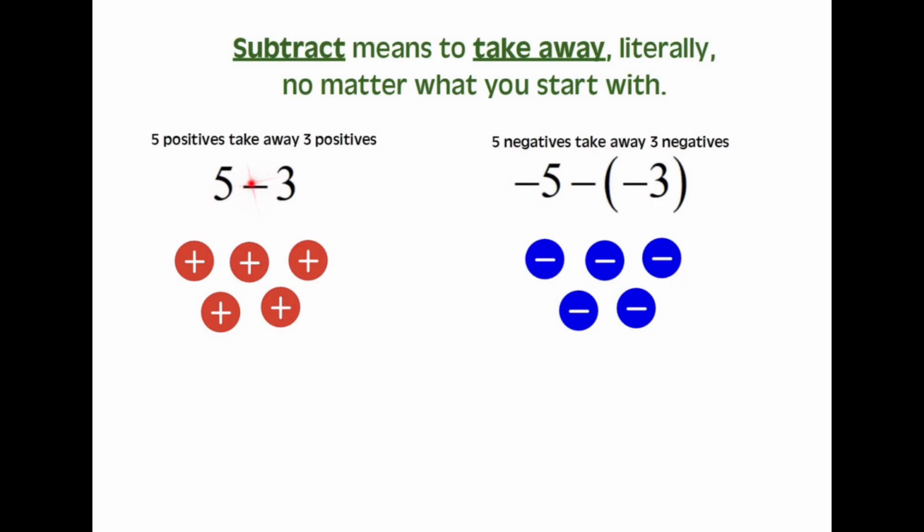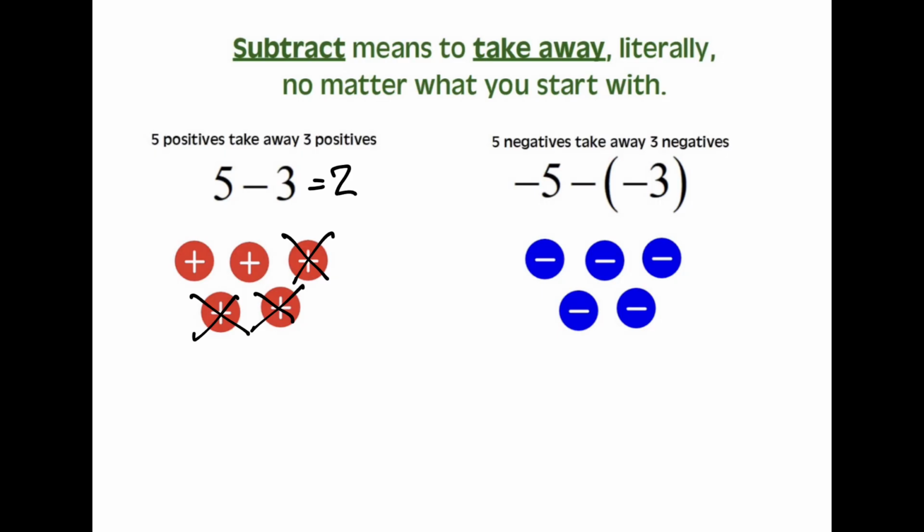Now, because this symbol is used as a takeaway, all you're left with is a 3, right? +5, take away +3. So we have those 5 pluses, and we want to literally take away 3 of them. What are you left with? 2.